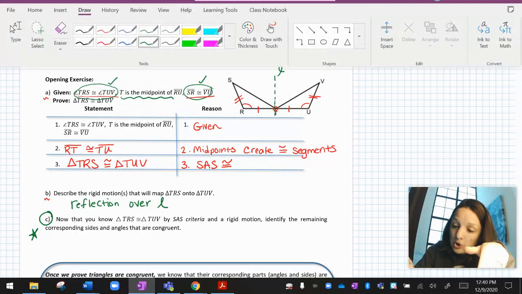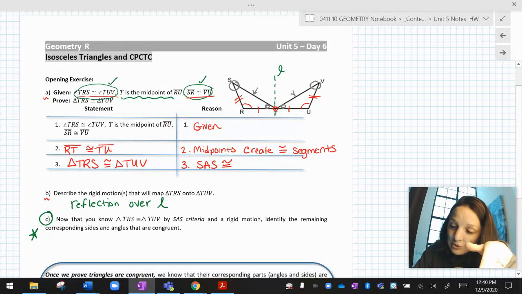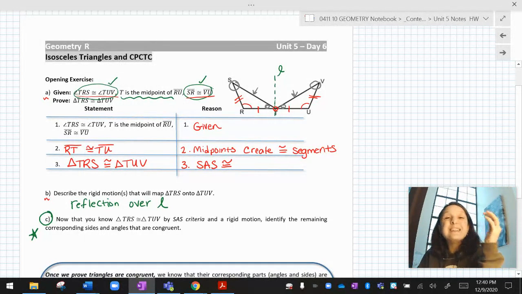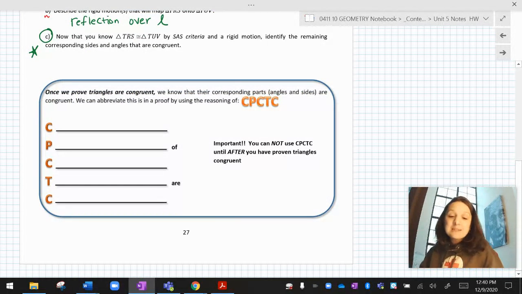So now that I know that those things marked in red are congruent, I now know that this is congruent to that, this is congruent to that, and this is congruent to that. In other words, the pieces that I didn't know in the first place now have to be congruent, because if the triangles are congruent, then all their corresponding parts are congruent. And that is what CPCTC is.